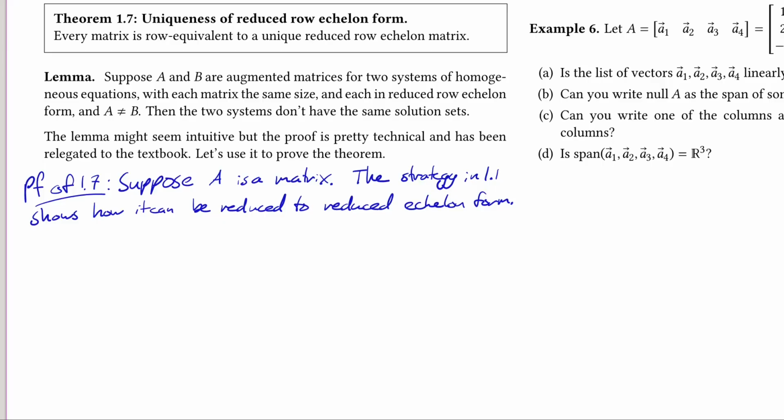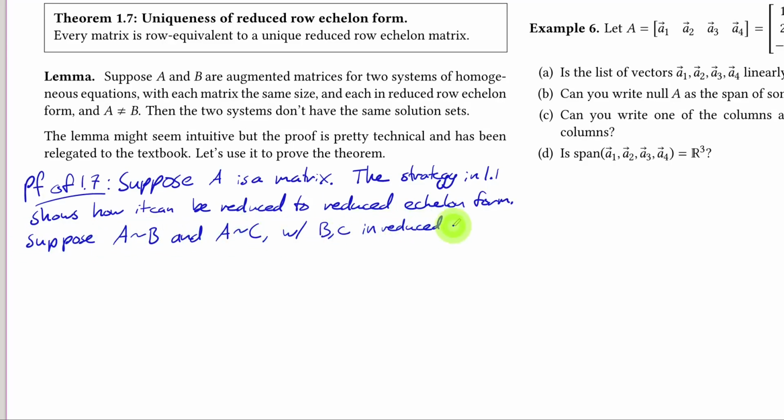So that strategy shows how every matrix is row equivalent to at least one reduced echelon matrix. But how do you know it's unique? Let's suppose that A is row equivalent to B and A is row equivalent to C, with B and C both matrices in reduced row echelon form. We want to show that B must be equal to C.